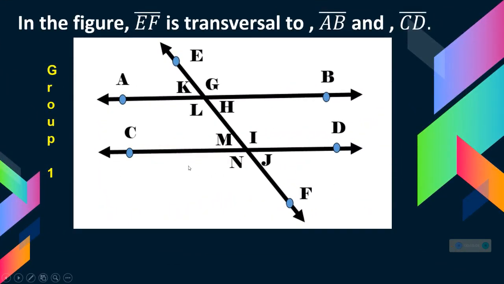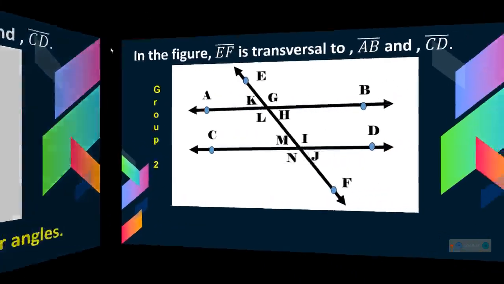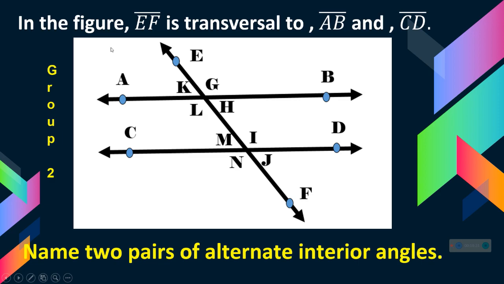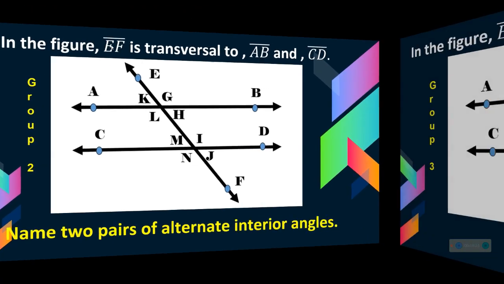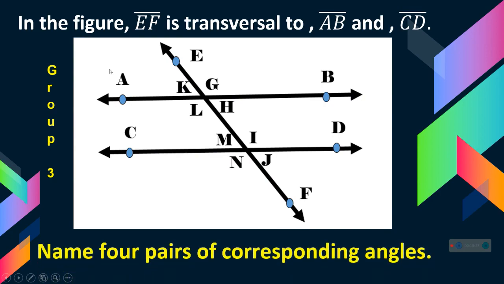This will be the figure that group 1 will answer, wherein you are going to name 2 pairs of alternate exterior angles. The next slide is for group 2, wherein you are going to name 2 pairs of alternate interior angles. For group 3, name 4 pairs of corresponding angles.